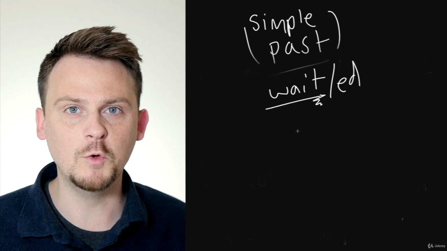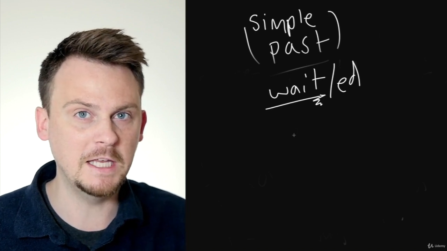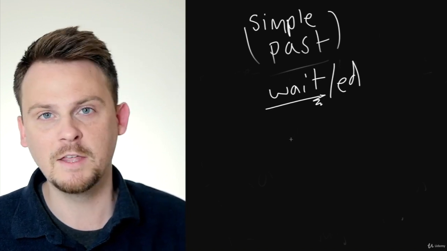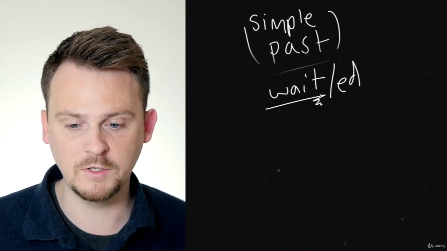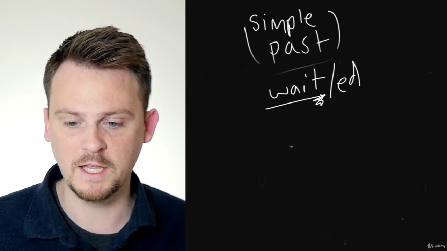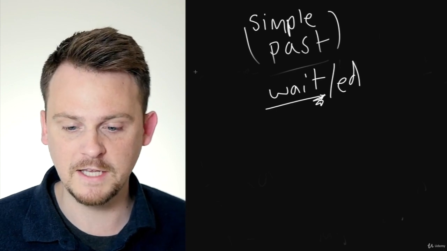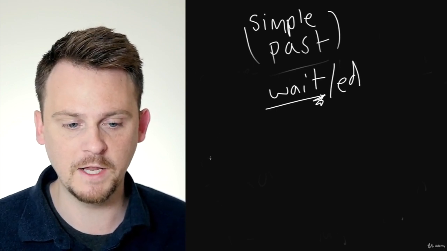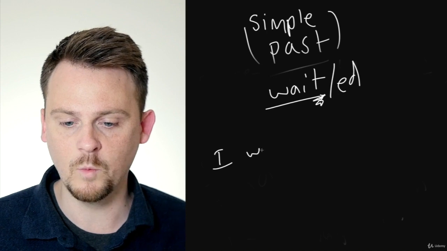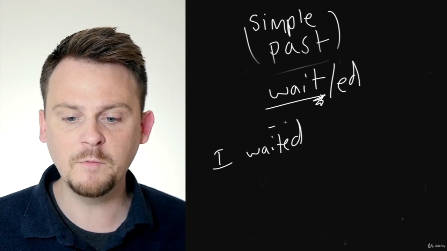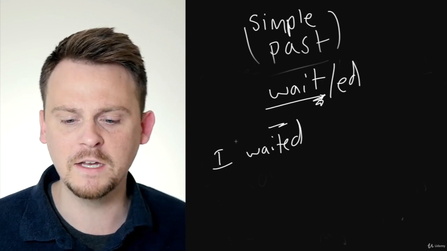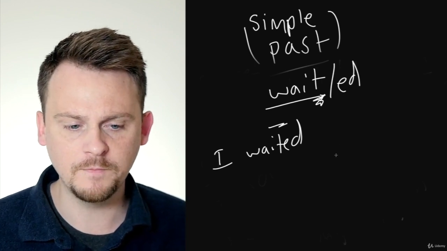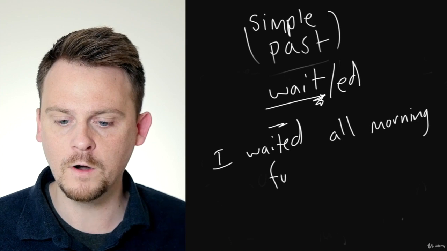If you don't know how to use the ed pronunciation, then you need to watch one of my other courses about pronunciation to know how to say that correctly and other ed sounds. Anyway, let's look at the example then. I waited, and a lot of people will pronounce this as waited. It's almost a D sound.